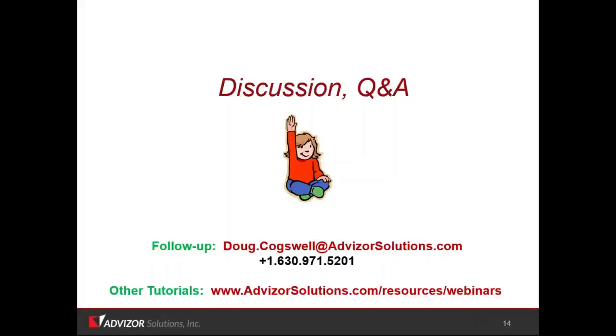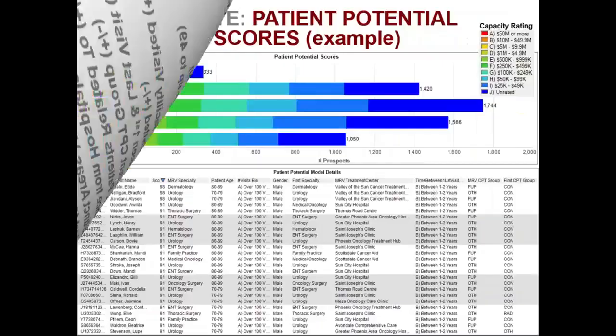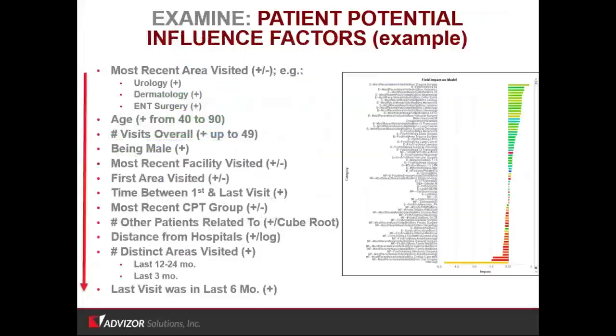What data fields are most important to receive from Epic or other hospital systems? The things, and they're all called different things, but the area visited is really important because they totally vary. All of the systems have that. You need some demographics. You want the number of visits, that's important.